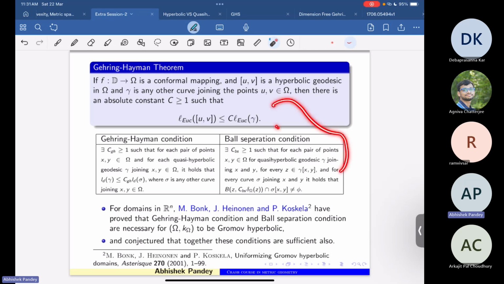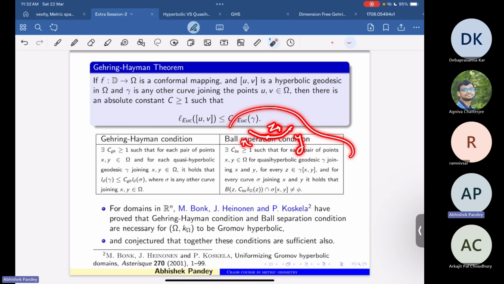So this is our domain, and we have two points x and y, and a quasi-hyperbolic geodesic joining them. And for each curve joining x and y, take any point z belonging to this one.